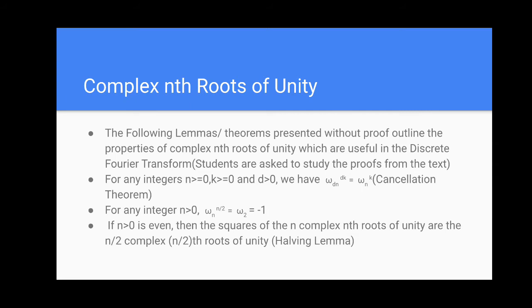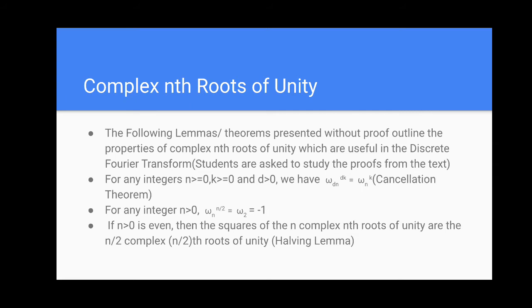For any integer n greater than 0, omega n to the power of n by 2 is equal to omega 2, and that's equal to minus 1, and it is easily understandable from the figure which we have just seen.